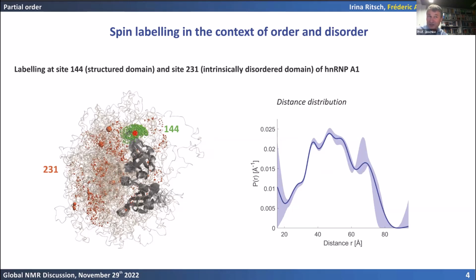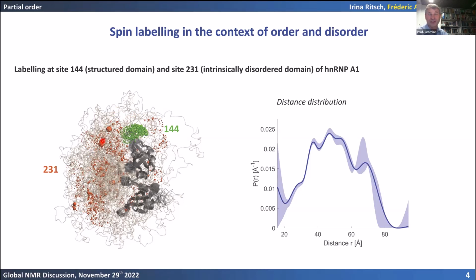This may be interesting even if you do NMR, because you have the same problem if you do paramagnetic relaxation enhancement (PRE) measurements. Then you have a picture like this. The spin label is not at one point. But if you have a disordered region or domain of the protein, the spin label is much more broadly distributed in space.